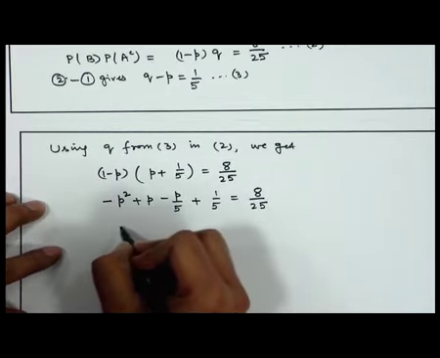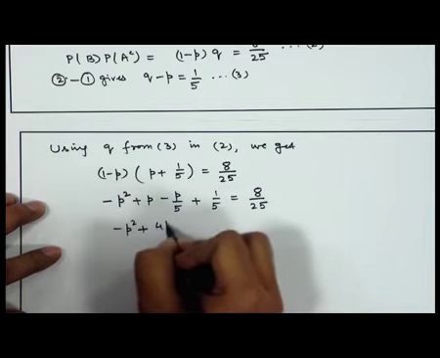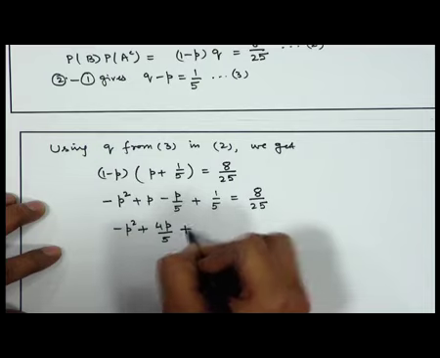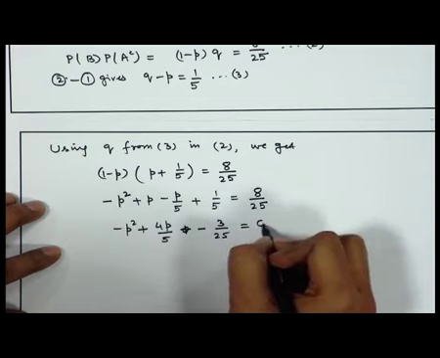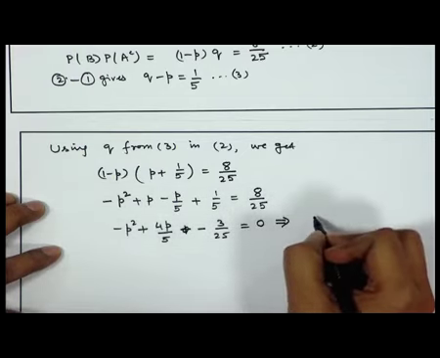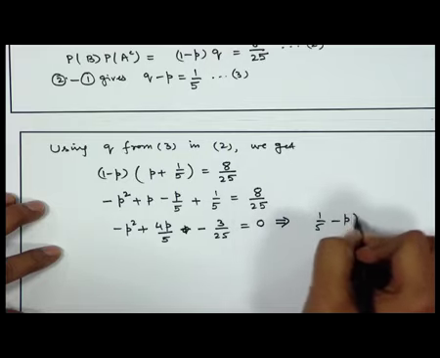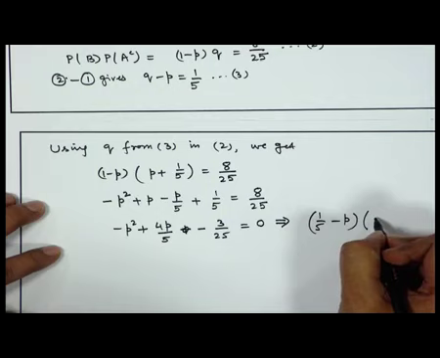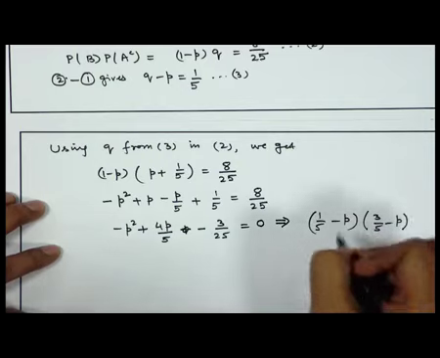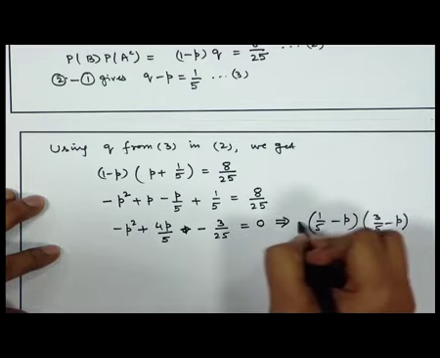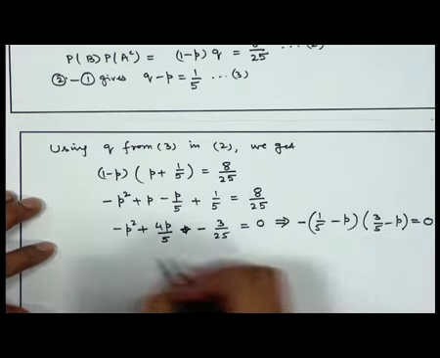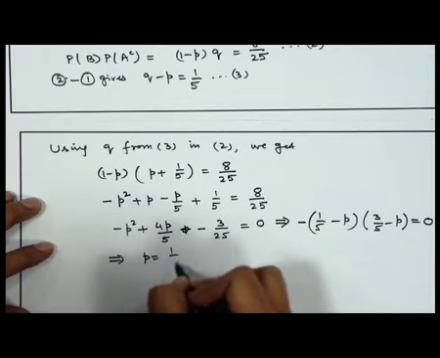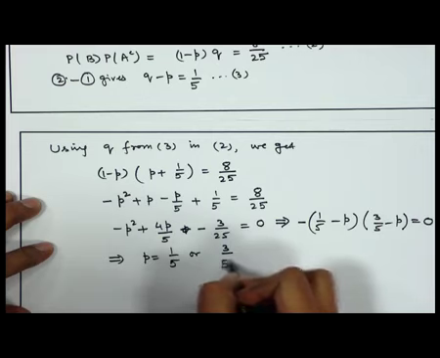So, we can further simplify: this is minus P square plus 4P by 5, and if I bring it to the left hand side, I get minus 3 by 25 is equal to 0, which is the same as saying (1 by 5 minus P) into (3 by 5 minus P), or you can say with a minus sign here, is equal to 0. So, this means P is equal to 1 by 5 or 3 by 5.